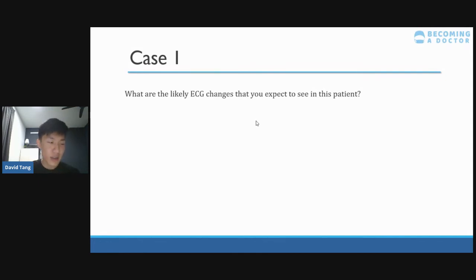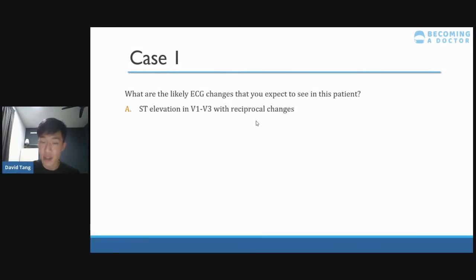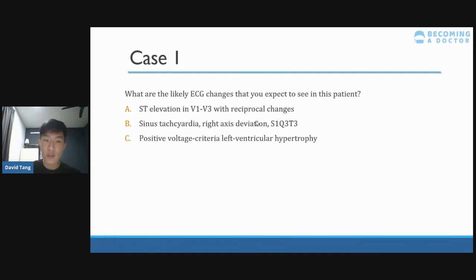As part of the interaction, it would be helpful to engage everyone if you choose from the following options, and you can just type it into the chat box and we can go through it together afterwards. The first, ST elevation in V1 to V3 with reciprocal changes; sinus tachycardia, right axis deviation, S1Q3T3; positive voltage criteria for LVH; ST elevation in leads 2, 3, aVF; and lastly, global saddle changes.